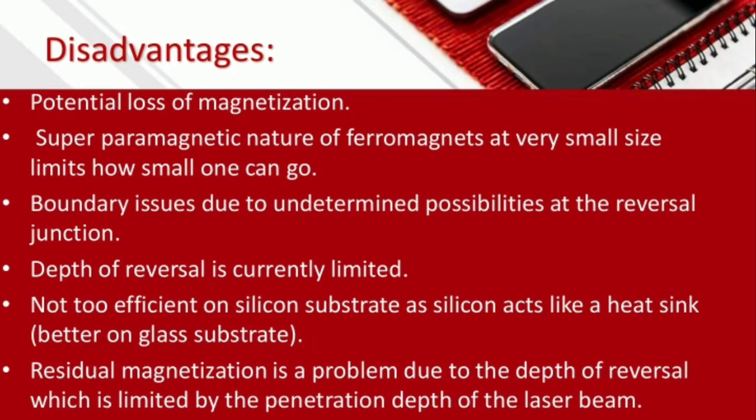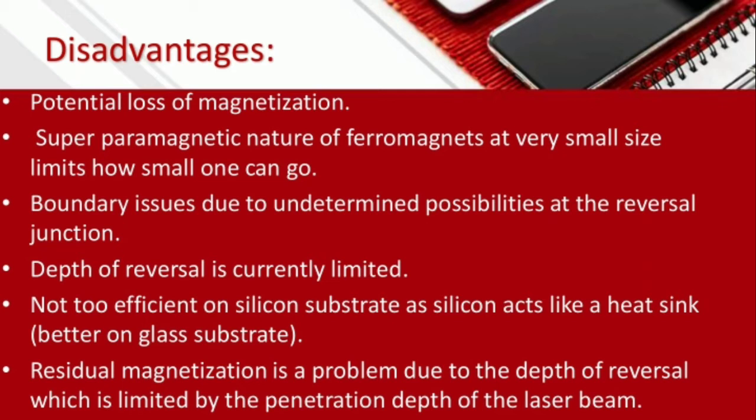Apart from the given advantages, there are also some disadvantages in the HAMR system. These are potential loss of magnetization; the superparamagnetic nature of ferromagnets at very small size limits how small one can go.